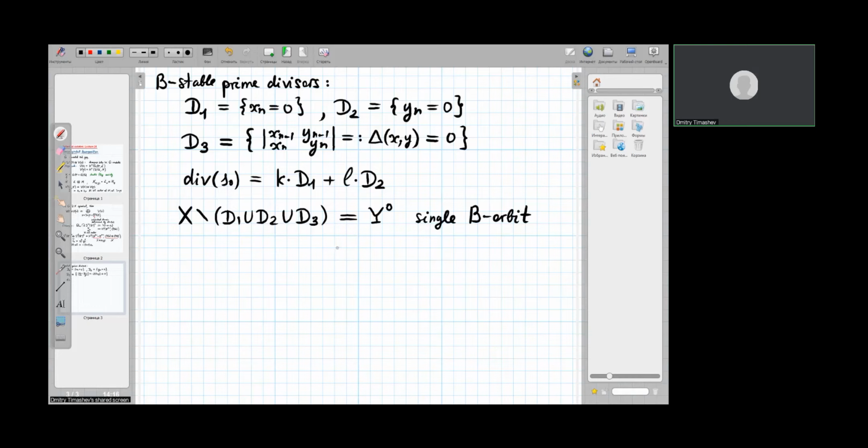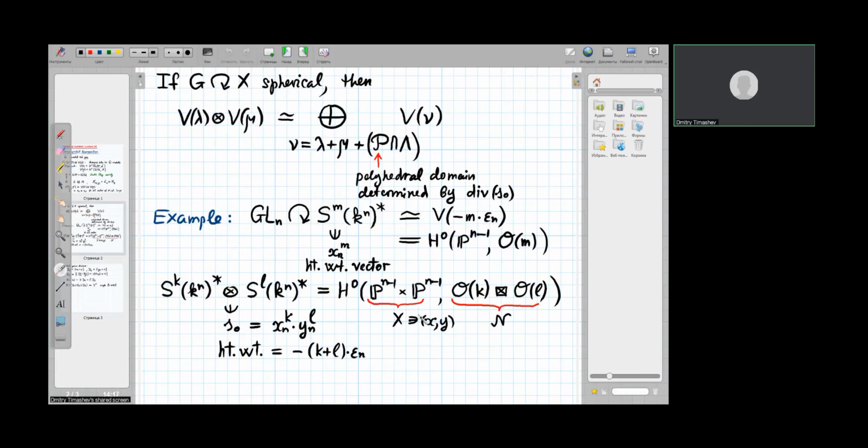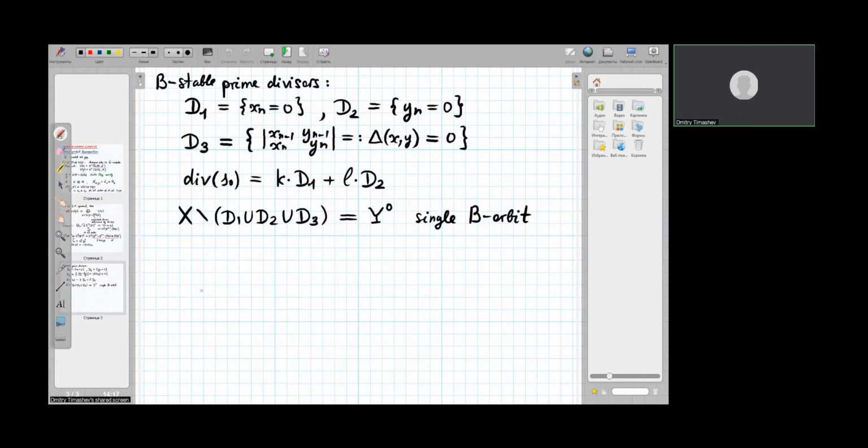I want to prove that if I take any point in this complement, then I can move it to one and the same point by applying some transformation from B. So let us take such a point, which I denote as before as x comma y. And what I can do first, I can take the first component of this pair. So this is just x.